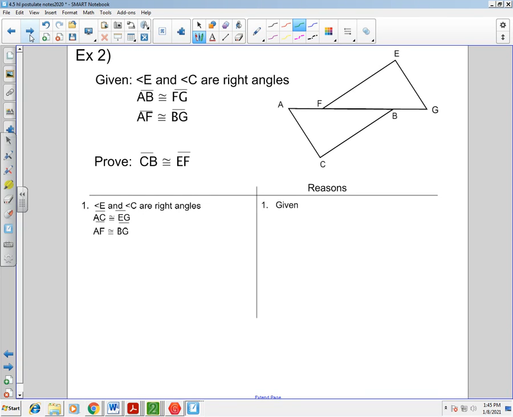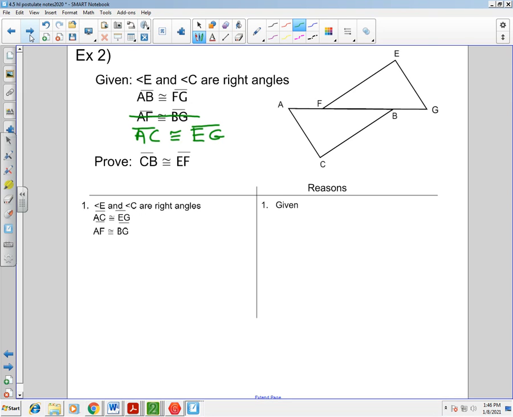Just a little correction. This should say AC is congruent to EG. Sorry, please make this correction. So, first given, and please mark the picture.